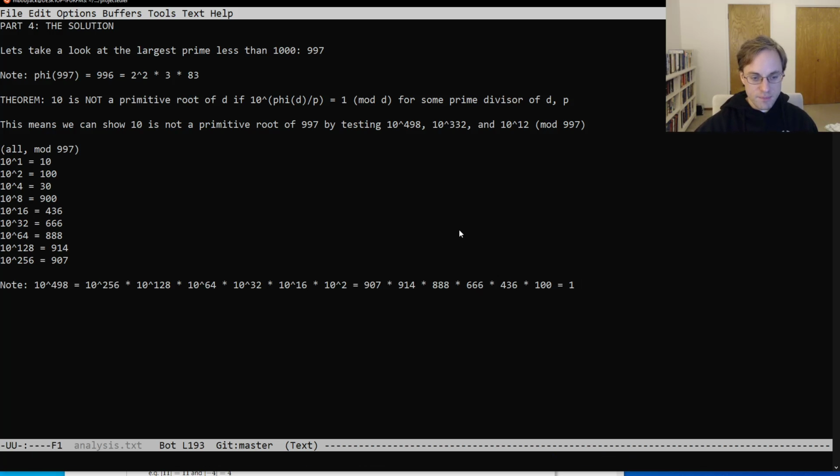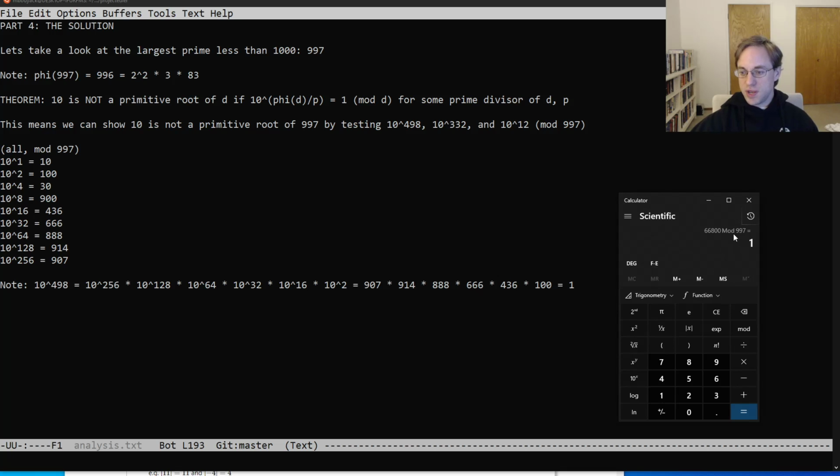Okay, so that's the long way of calculating this. Very tedious, very error-prone, but you can see how it could be done by hand. And in fact, you'll note that I was even doing mod 997 after each step in this multiplication. With a calculator, I could just multiply all of those together.